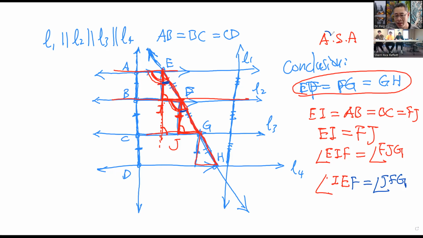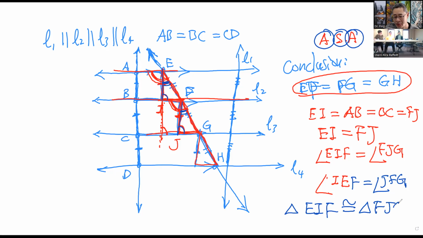So now we have angle. We know this angle, we know a side, this side and that side, and we know this angle and that angle. So we got angle, side, angle. So therefore, the triangle EIF is congruent to triangle FJG.